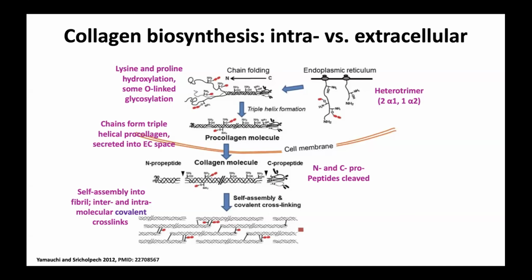The collagen chains without their propeptides then self-assemble into fibrils and undergo inter and intramolecular covalent cross-linking. I'm going to show you another picture of that in a minute. But one thing I want to emphasize is that this O-linked glycosylation is really important. You have these cross-links forming between one of the telopeptide domains and then the interior of the next fibril.